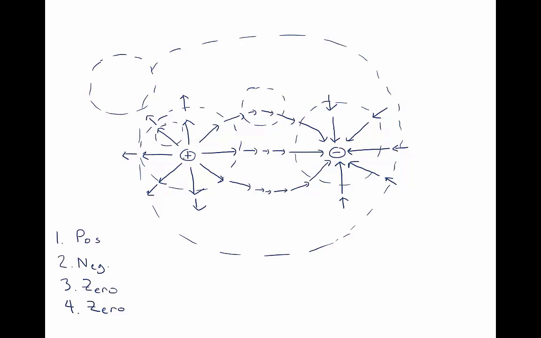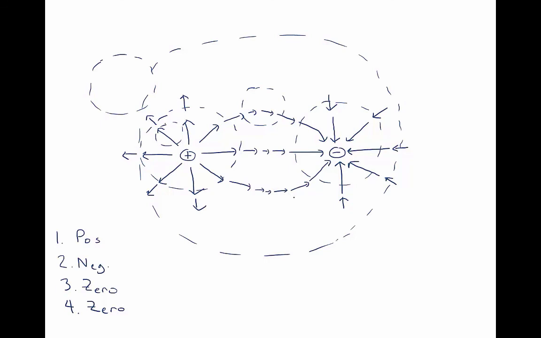So just think about your positive and negative charges as your sources of positive and negative divergence, and you'll see that that matches up to your surface integral. Let me know if that makes sense. I really want to make sure you understand that conceptually before we do any calculations.